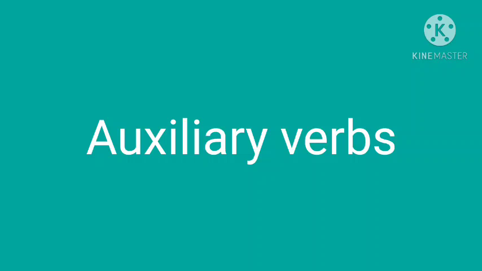Auxiliary verbs are those verbs which help other verbs to form tenses. Auxiliaries are used to make tenses other than the simple present and simple past. For example, Manu has returned from Delhi. They have bought a car.